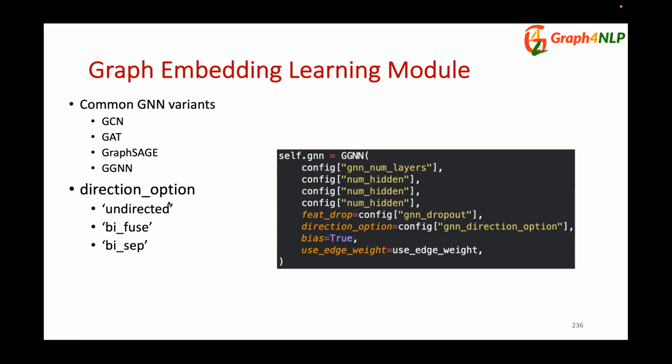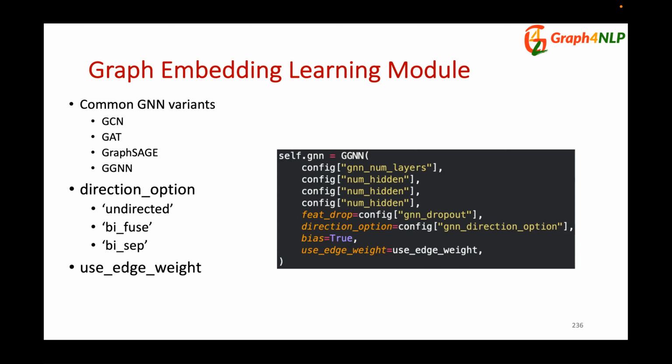Remember that previously we introduced the bidirectional GNN. For each type of GNN, we allow users to specify whether we want to use a unidirectional GNN or a bidirectional GNN, and for bidirectional GNN, whether we want to use the BiFuse version or the BiSep version. We can easily specify it when we call the GNN API.